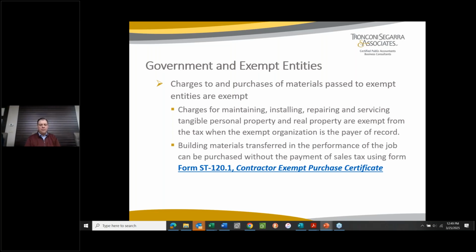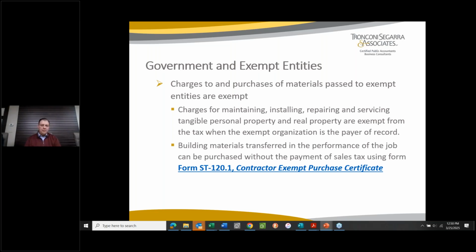And a contractor, when they're doing a job for an exempt entity, can use Form ST 120.1. It's the contractor exempt purchase certificate. It's not the ST 120, the typical resale certificate, it's the 120.1. And on that, you have to list your name and address, your customer's name and address. You have to provide your certificate of authority number, because in order to use ST 120.1, you do need to be registered to collect sales tax in New York State.